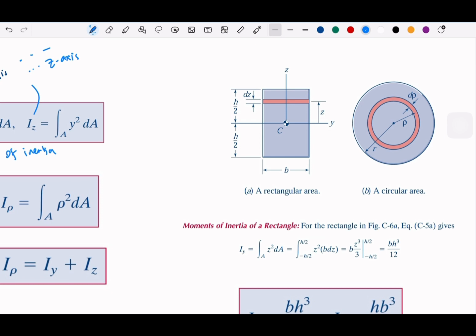You will see this a lot, and I will not repeat how we get this. You should be able to understand that the inertia for the rectangular shape is bh cubed over 12. Okay? When we tackle some problems, we're going to use that formulation for the inertia.